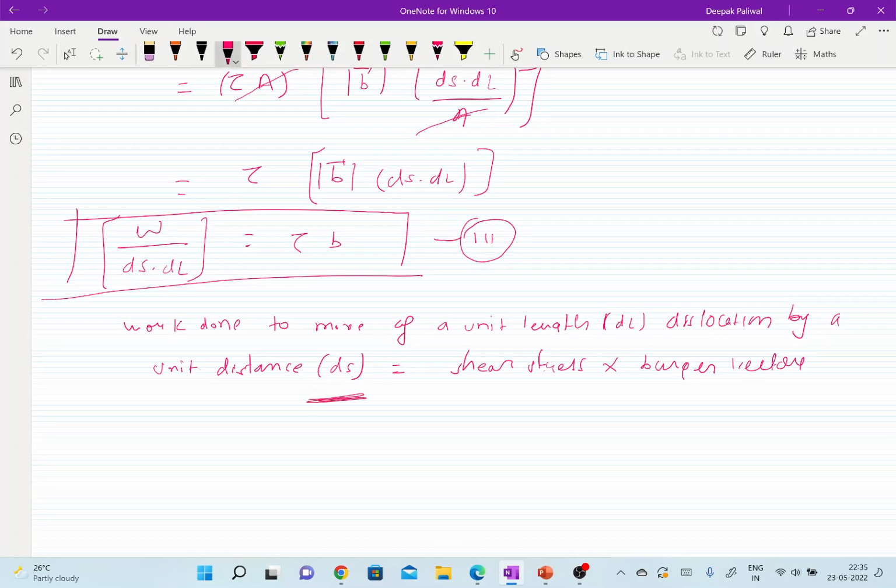So in the bracket I am representing the value like ds and dl. dl means the unit length we are considering, and unit distance is ds. So this is the case.